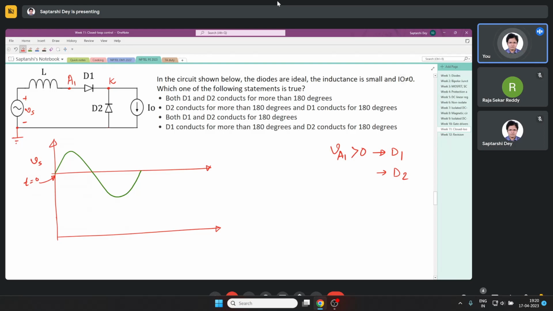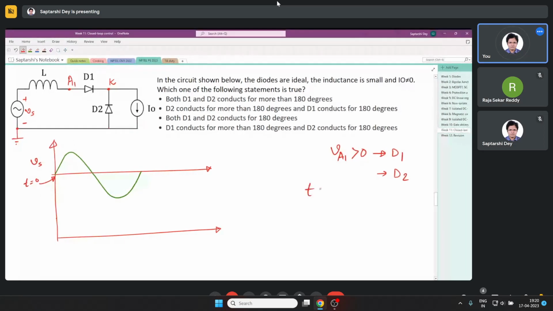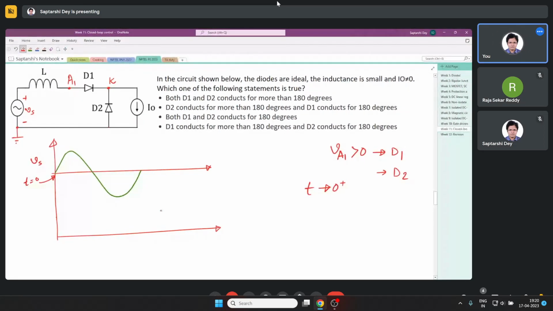So when will it turn on? Let us see. At t equals 0, or t tends to 0 plus, just when the voltage has crossed positive, at that moment the inductor was not conducting.